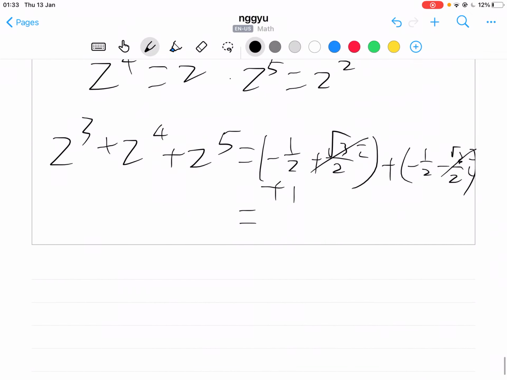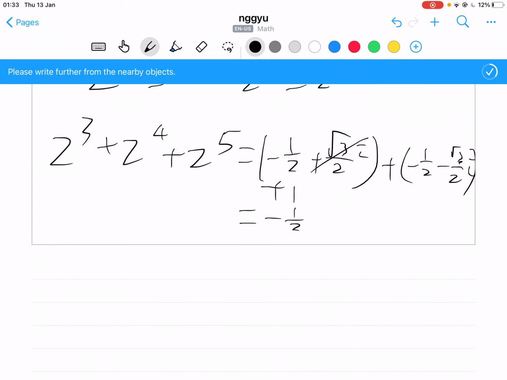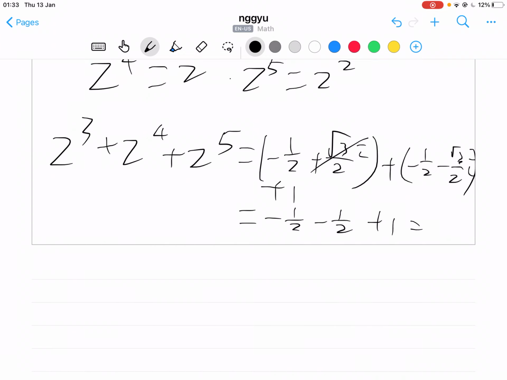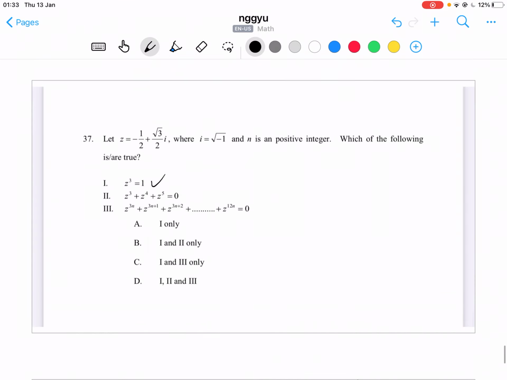This and that cancel, we get negative 1 over 2 minus 1 over 2 and then plus 1. So this is equal to 0, and we proved 2 is also correct.